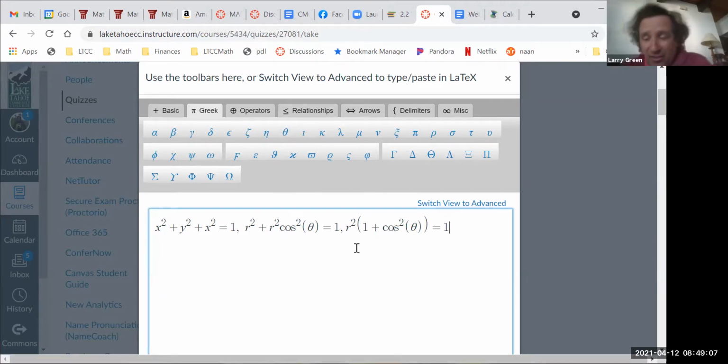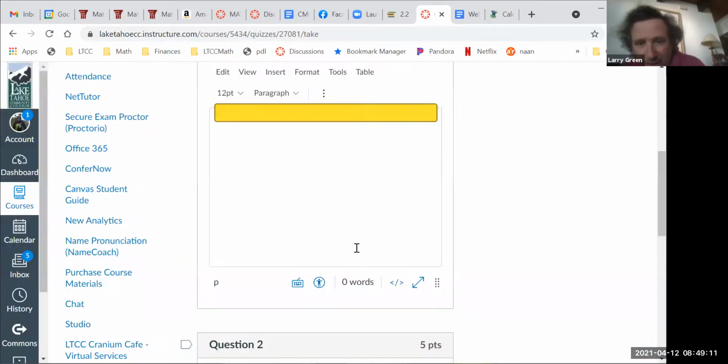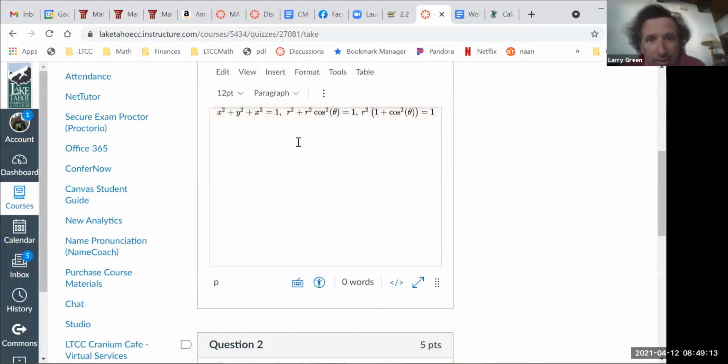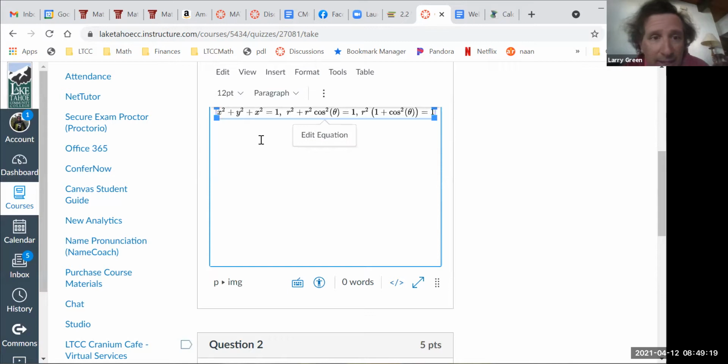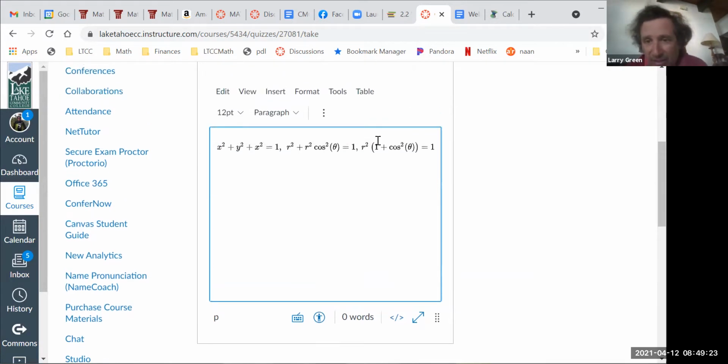And then my last 2 steps are to just divide by the 1 plus cosine squared theta and take a square root.